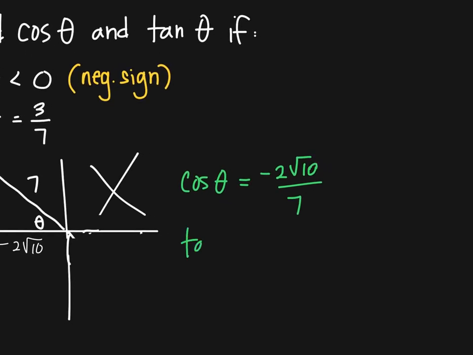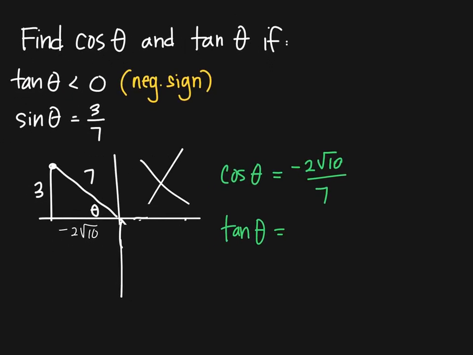And the tangent theta, based on this reference triangle picture, should be TOA, so it should be 3 over negative 2 rad 10. But I'm going to say again, in both of those options, the negative doesn't belong to either the numerator or the denominator. So it is best not to put it down there and not to put it up here. Put the negative out in front of both of them. It just kind of hovers out in front.